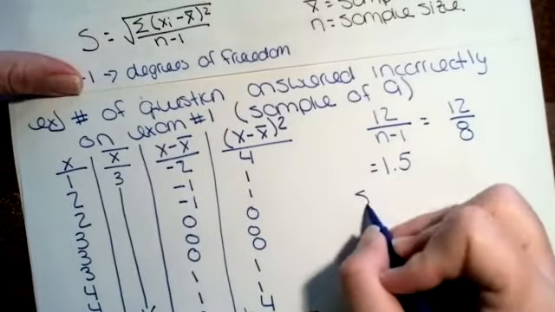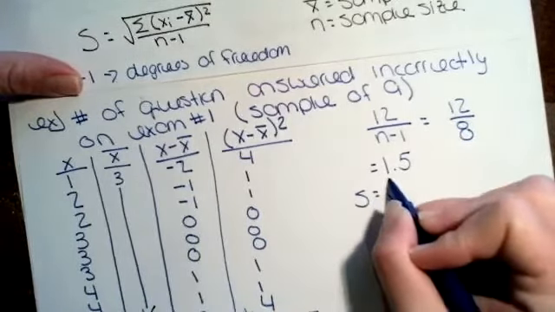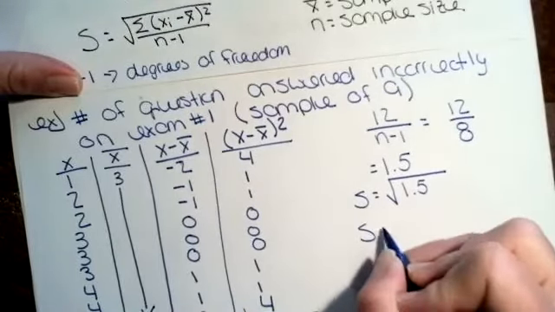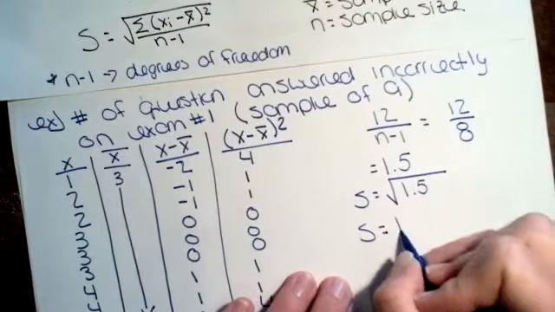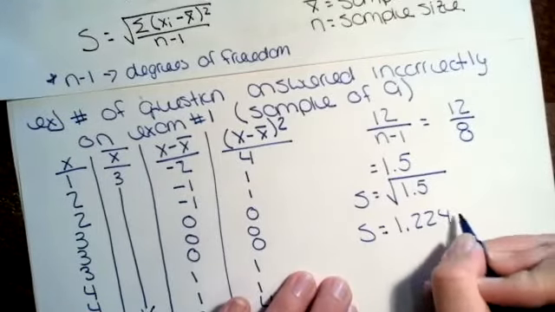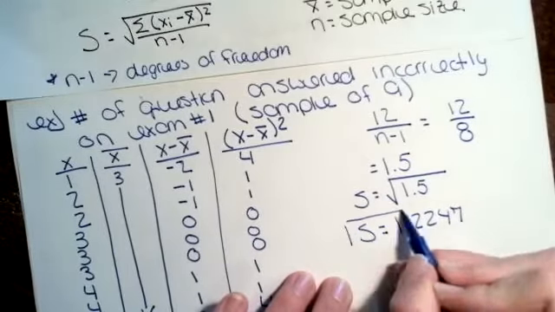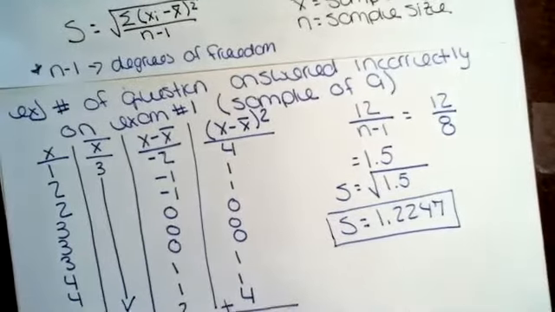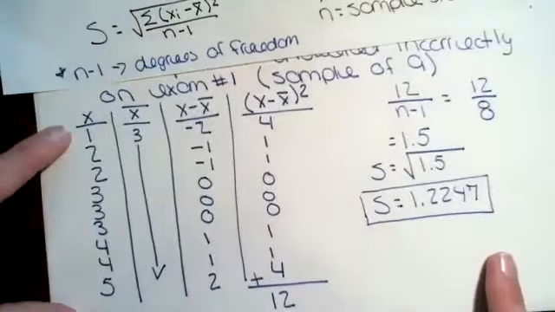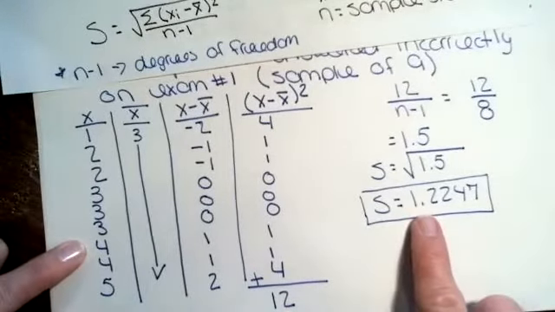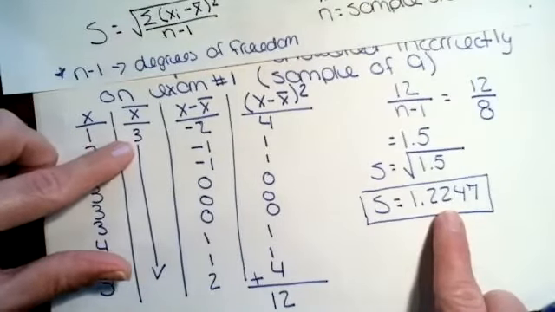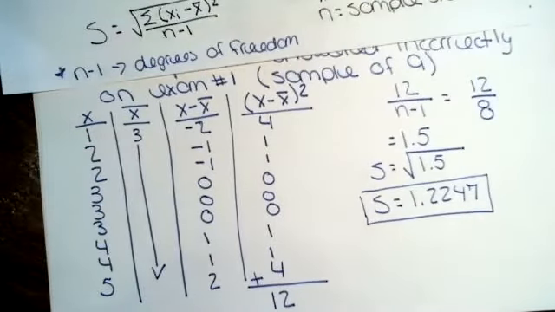But s is equal to the square root of this number. So s, my sample standard deviation, is equal to 1.2247 in this calculation. So 1.2247 represents the average distance from the mean. So what I'm saying is all these data values are on average 1.22 standard deviations away from 3. Okay, that's what that's saying.